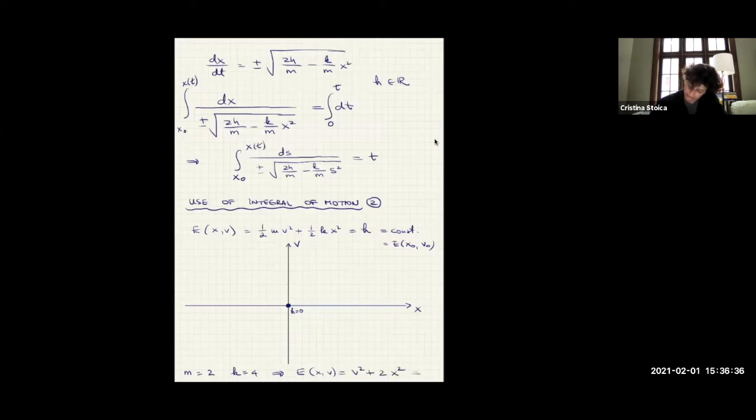So these are the level sets I'm drawing. 0 is still 0, but then when v is 0, we get some ellipses here, right? So let's take h equals 2, and then 2x squared is 2, so x is plus or minus 1. And then v is plus or minus root 2.